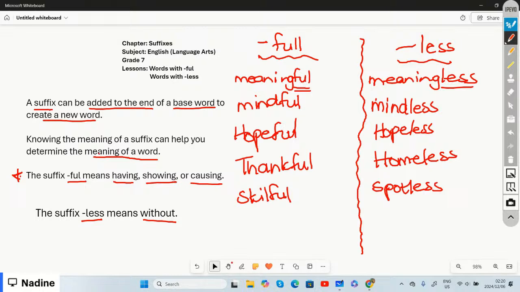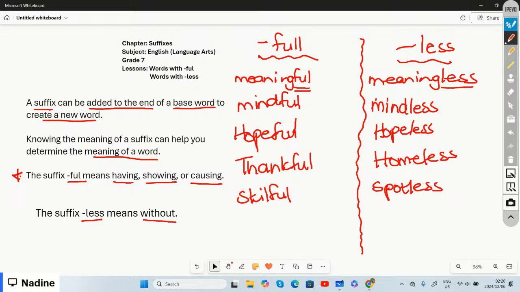Whereas we have less, it means without something. Homeless, you don't have a home. Hopeless, there's no hope. It is what it is. Spotless, there isn't even a speck of dust. And that is why we say knowing the meaning of the suffix can help you to determine the meaning of the word.